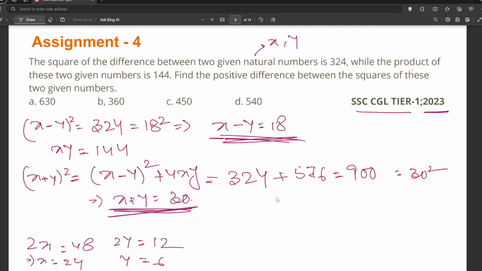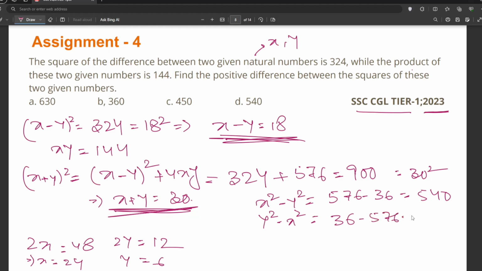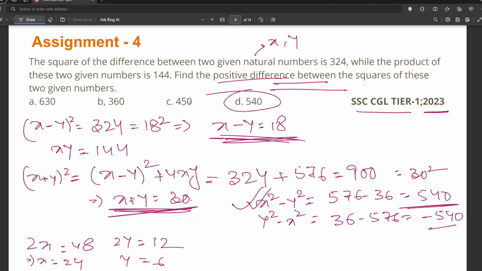Now x square minus y square is equal to 576 minus 36, that is 540, and y square minus x square is 36 minus 576, that is minus 540. We need the positive difference between the squares, so 540 is the answer, and option D is the answer.